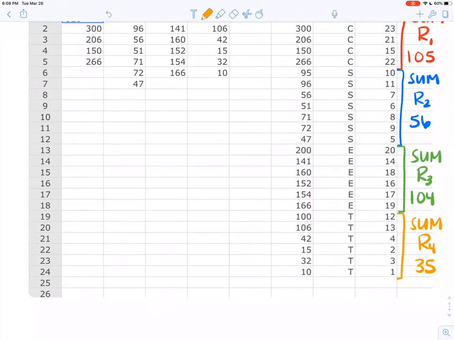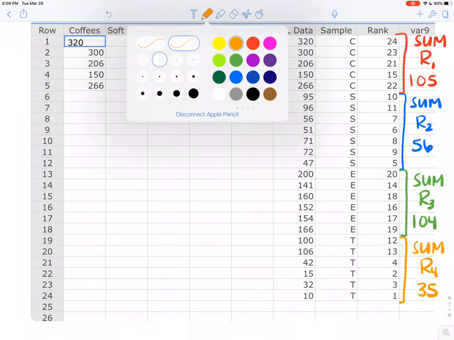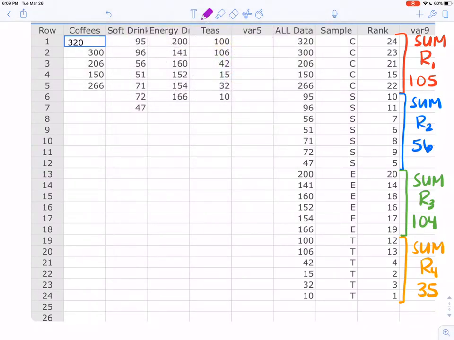Now, the other things that I'm going to need as far as calculating my test statistic here, I'm going to need the size of each sample. So N1 has a size of 5. N2 has a size of 7. N3 has a size of 6, as does N4.